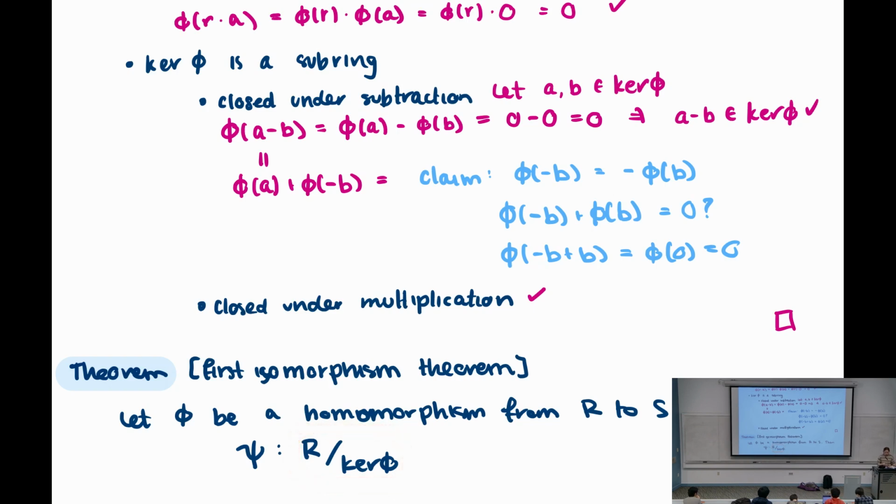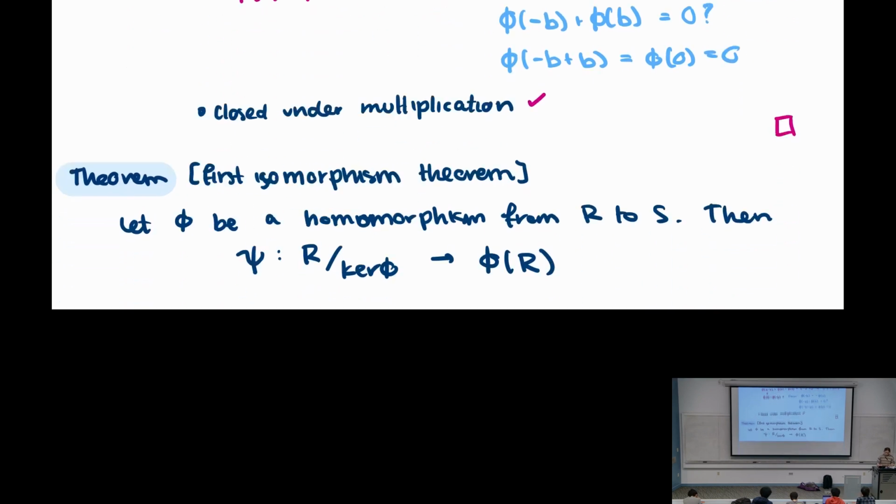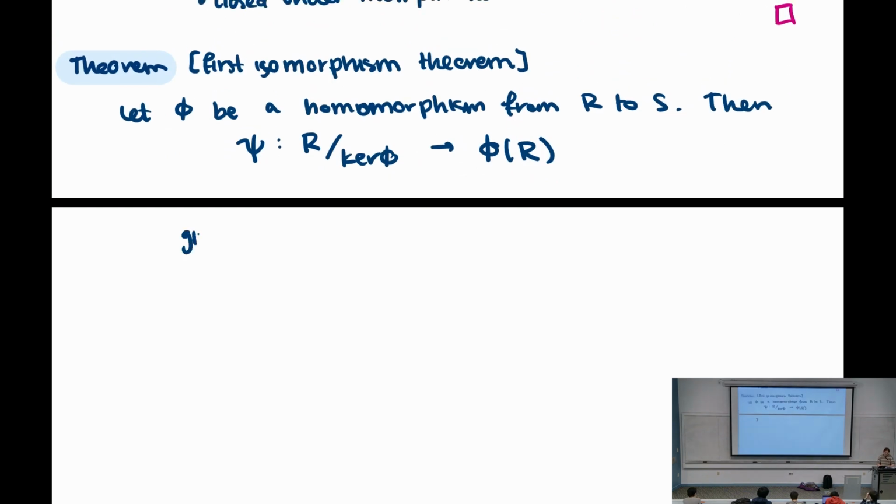And I'm going to make a homomorphism from R mod kernel of phi to phi of R, given by sending an element. So what are elements of R mod kernel of phi? These are cosets. So we're going to take R plus kernel phi and map this thing to phi of R, which is an element of the right-hand ring.